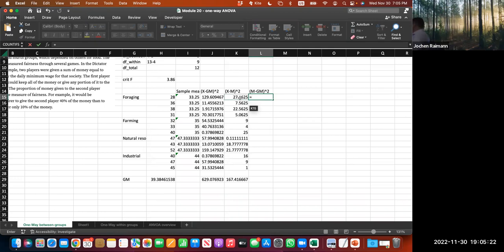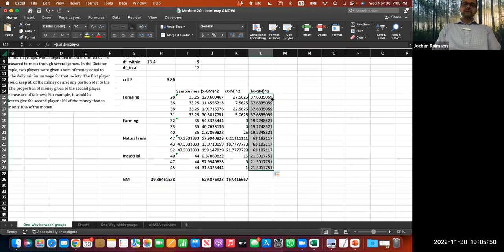So this needs to contribute individual entries consistent with the sample size within each respective group. So you have sample mean m, sample size m, minus the grand mean, and that again needs to be squared. That gets us our sum of squares between.